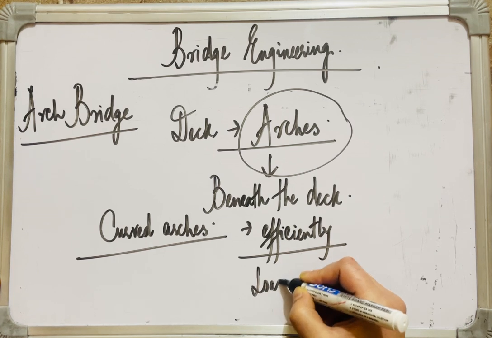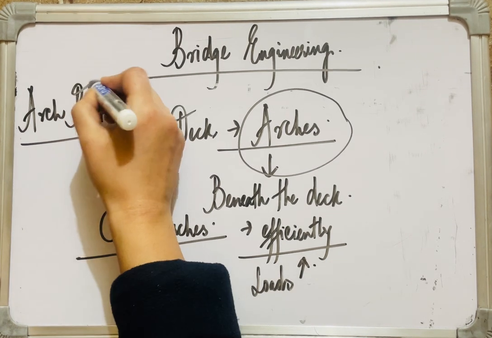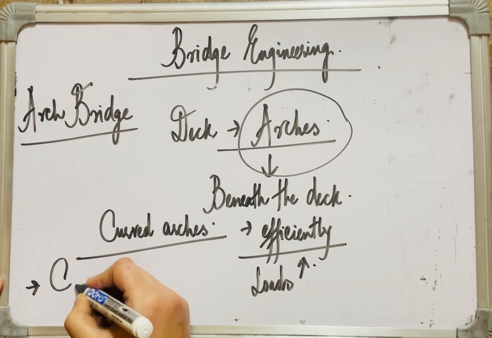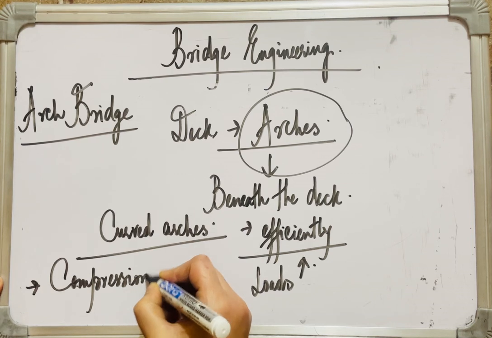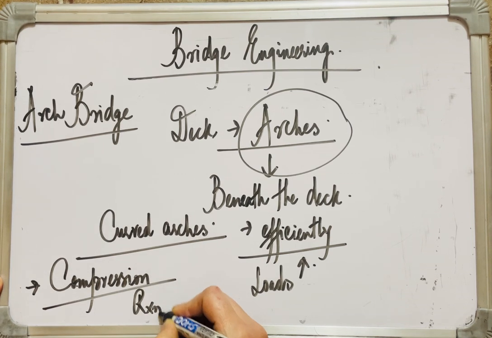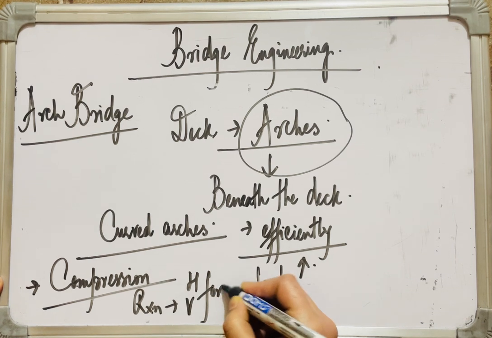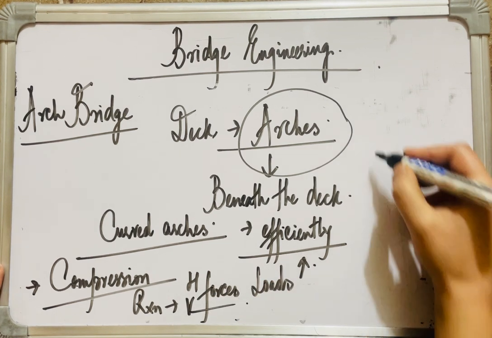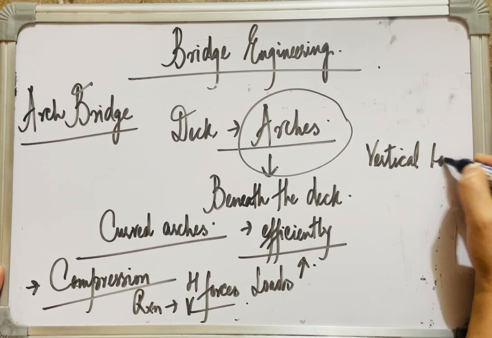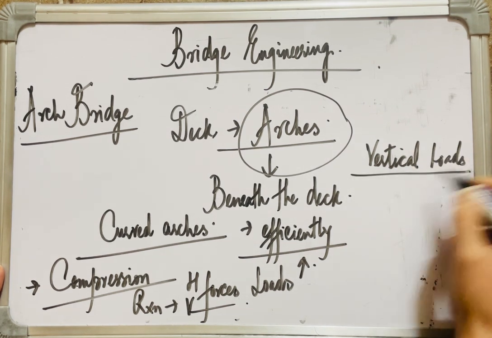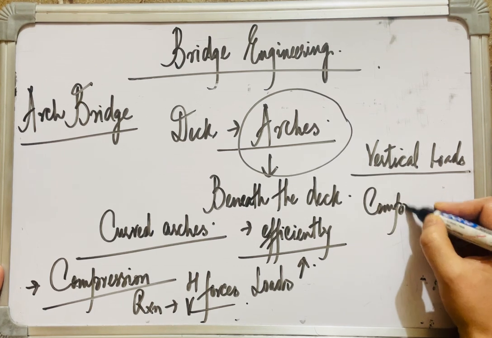Loads are essentially carried by compression in case of arch bridges, with the reactions at the supports being both horizontal and vertical forces. That was discussed. And the vertical loads from the bridge deck in case of arch bridges are converted into compressive forces along the arch ribs.